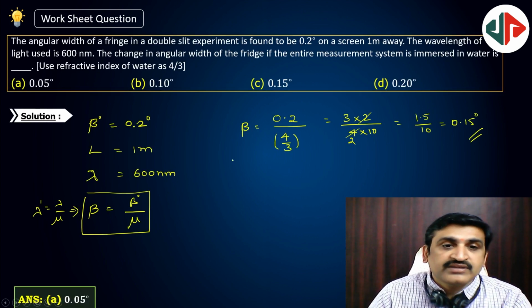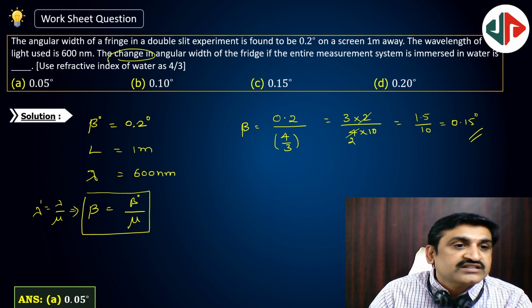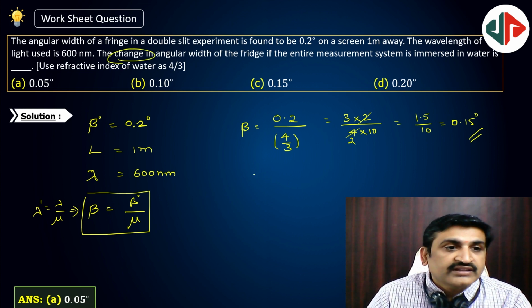Yeah, we need to notice that they may have asked for the change. That means change of angle he asked. Change of angle is beta final minus beta initial.